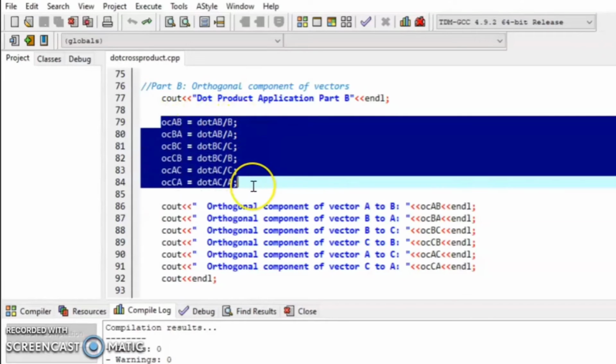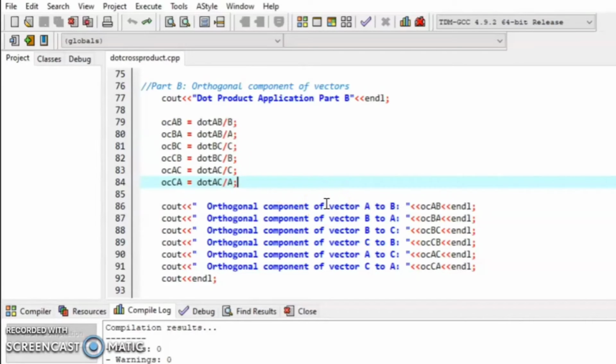This formula is used to find the orthogonal component of a vector. The orthogonal component of vector A to B is simply A cosine theta, that's why we need the dot product of AB over the magnitude of B. Since the dot product AB is commutative, I also use the same here, but with a different magnitude.